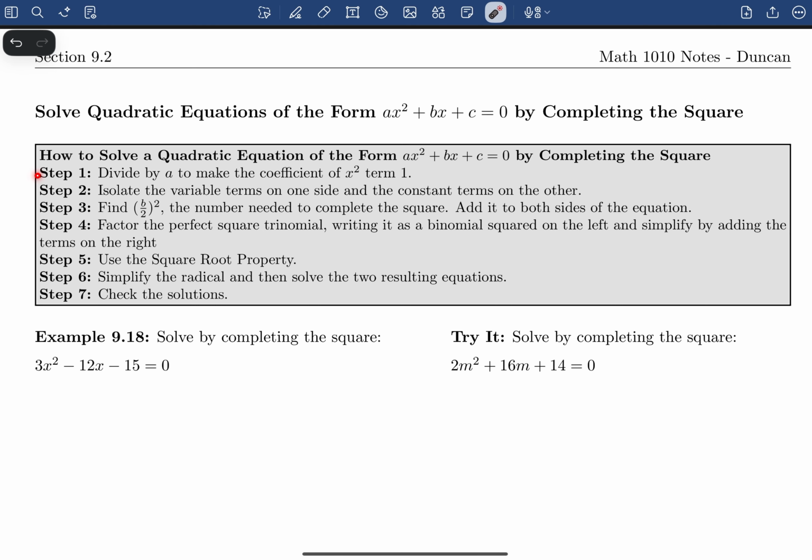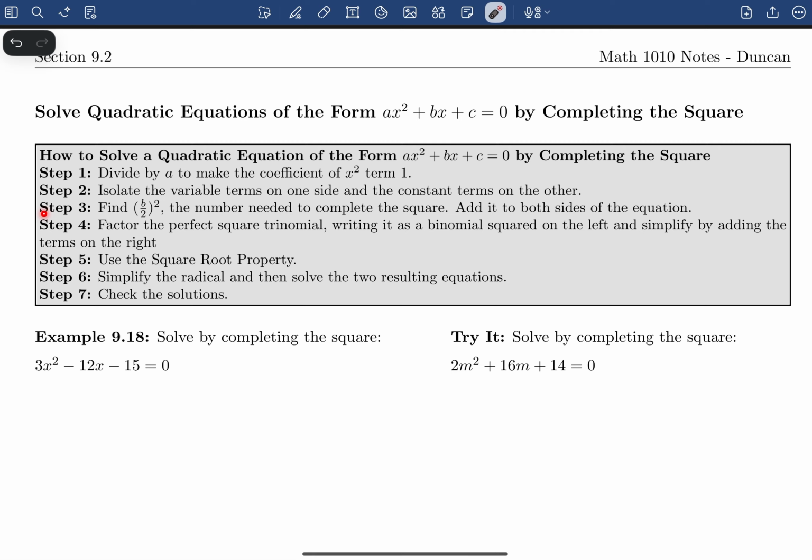So we introduce something new in step 1, and that is to divide by a to make the coefficient of the x squared term 1. Okay, so whatever the a value is, divide it from the entire equation, and then you can proceed. Great. Then every other step is exactly the same. Not so bad. Isolate the variable terms on one side and the constant terms on the other. Great. We did that before.